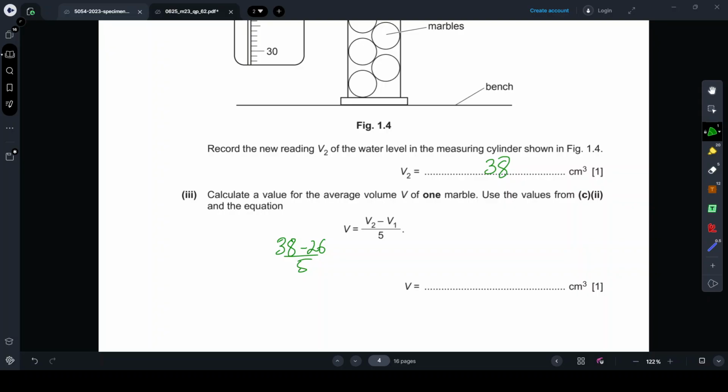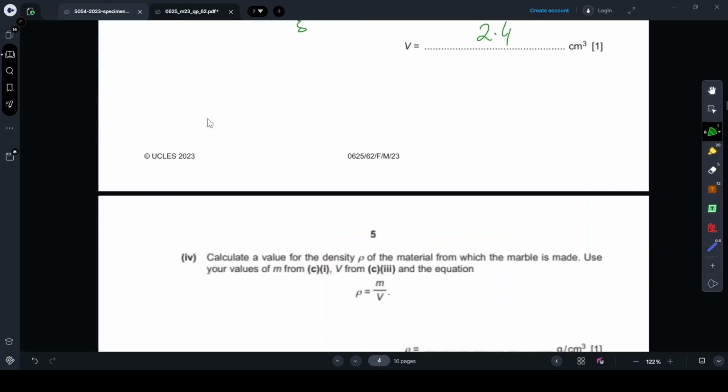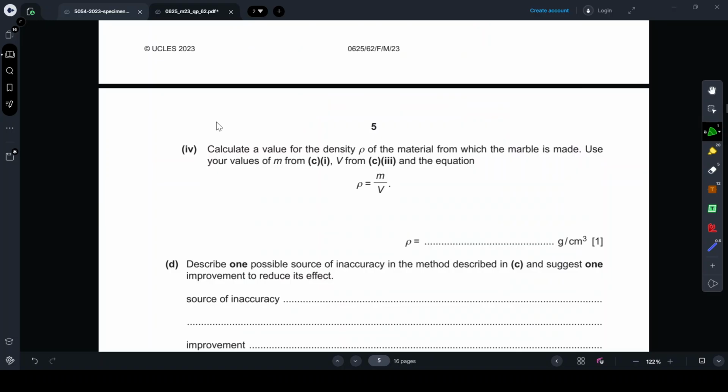Yes. All right. So this is for a single marble. This is the average volume for one marble. Now, obviously, this question was easy.